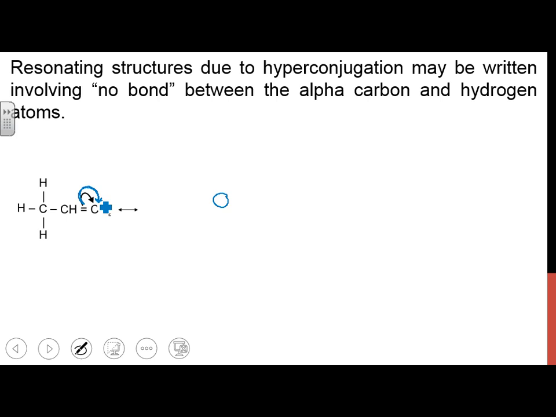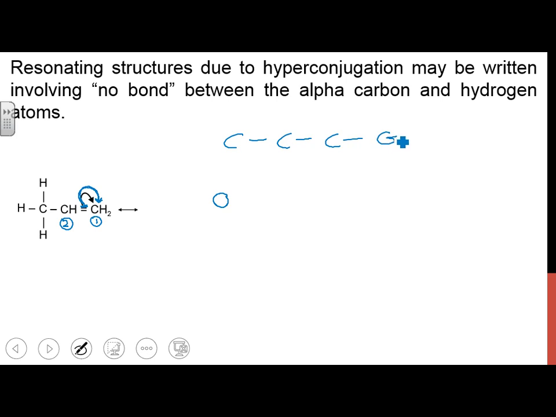That means the bond which was present between carbon number 1 and carbon number 2, which was equally shared between carbon 1 and 2, is now shifted to carbon number 1. It is delocalization of electrons. Electrons are shifting to carbon 1. Earlier when we had seen the inductive effect, it was like this.